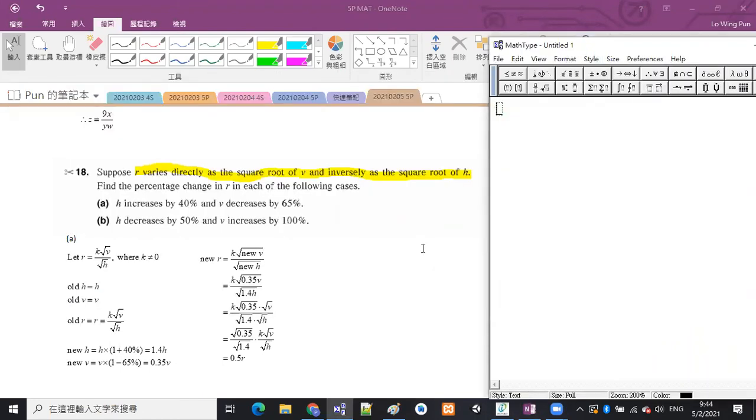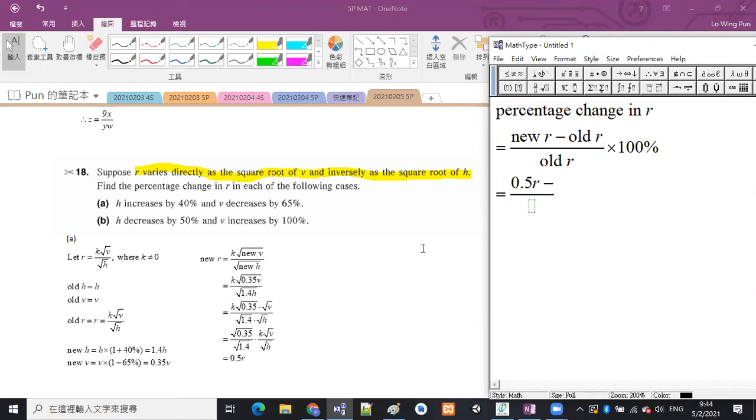Okay, to answer the question, percentage change in r is equal to, for the formula, new r minus old r divided by old r times 100%. Okay, new r is 0.5 r, and then minus old r, just r, times 100%.